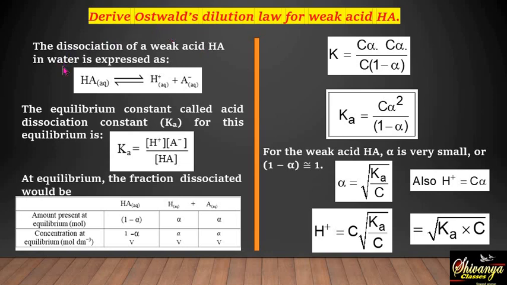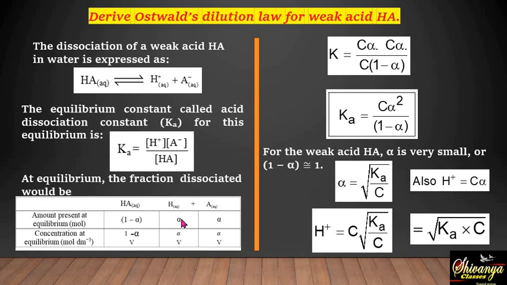For that, firstly write the dissociation reaction of the weak acid HA. The reaction becomes HA is converted into H+ plus A- ions. Dissociation constant Ka is the concentration of these two divided by the concentration of HA. At equilibrium, alpha is the degree of dissociation.